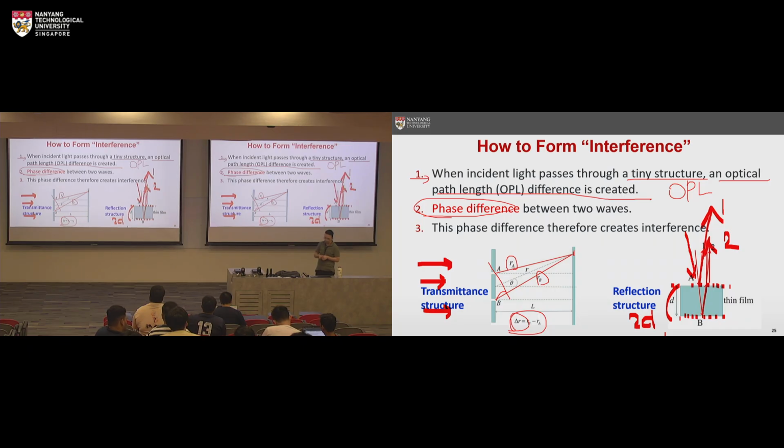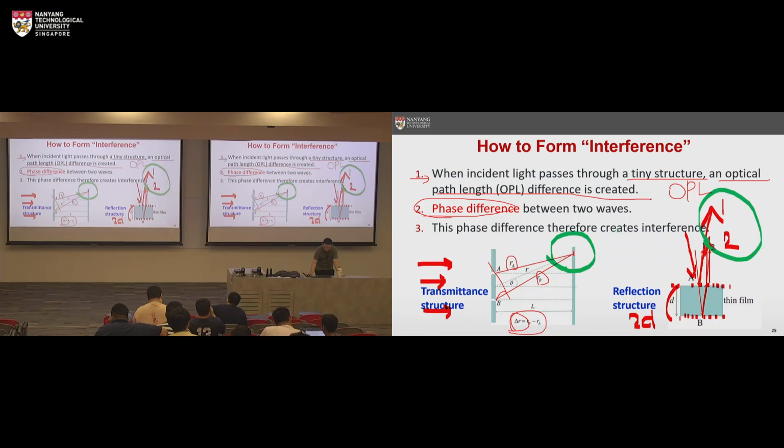Okay, so remember the origin of interference is that when your light can be split into two lights, and somehow they have a certain amount of optical path length difference created, then you imagine that these two lights, when they interact with each other, they will have interference.